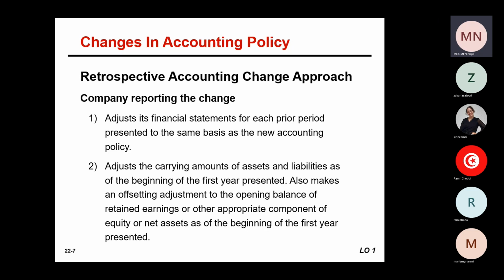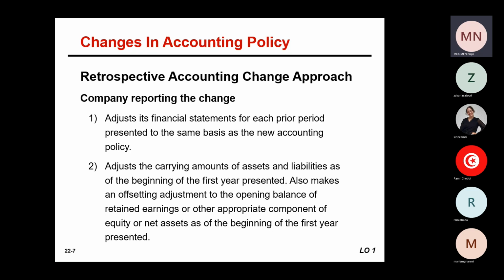We provide, for example, 1, 2, 3 years as comparability columns each time we prepare financial statements, okay? So every prior period that is presented in this financial statement must be readjusted based on the same new basis for accounting policy, okay?